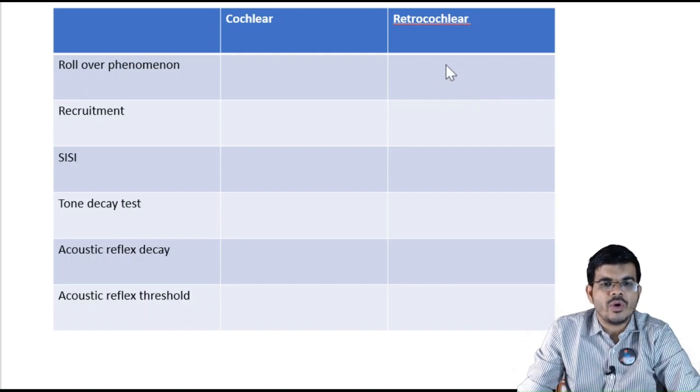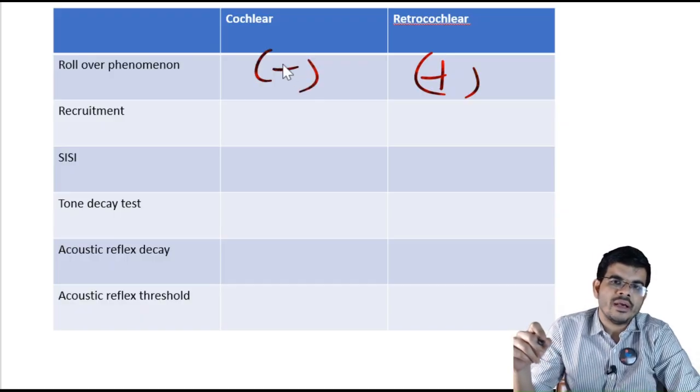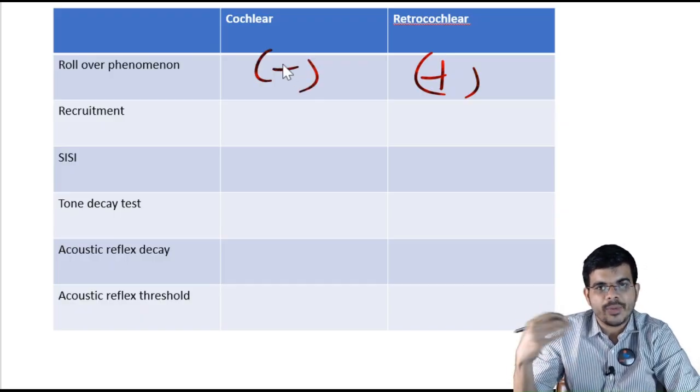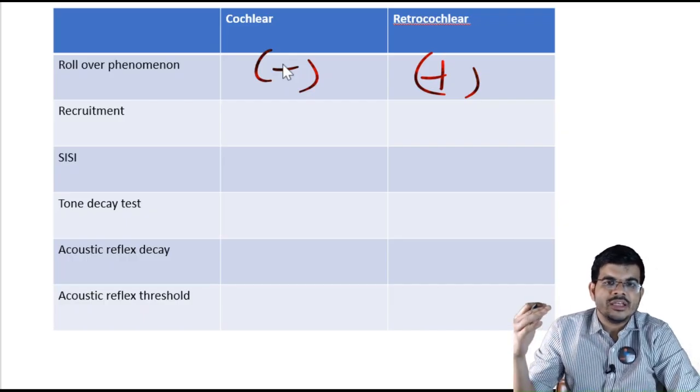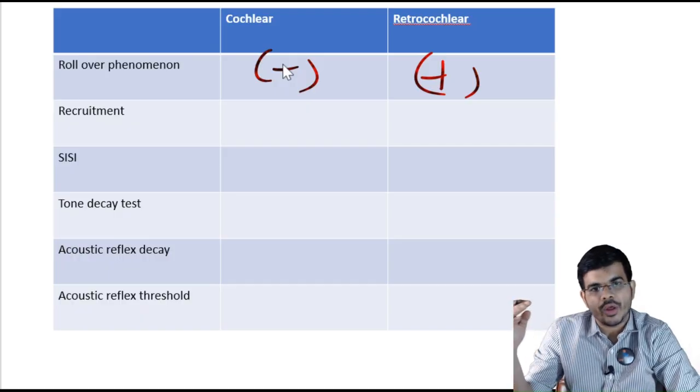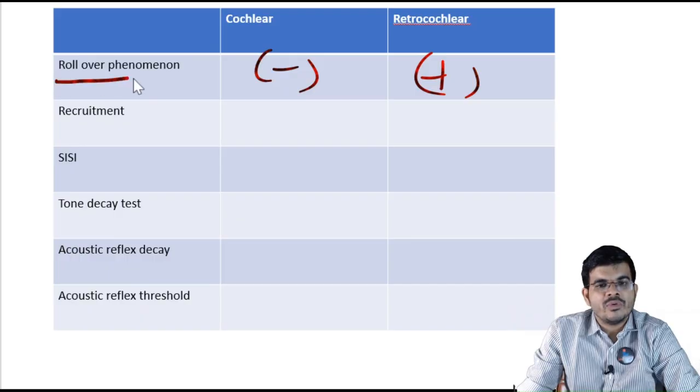So that is what is called the rollover phenomenon. In cochlear there is no such rollover phenomenon, but the patient won't be able to hear 100% of the sounds. In conductive deafness, the patient will be able to hear 100% of the sounds, but at an increased intensity. That is how you differentiate between them in speech discrimination score in speech audiometry. And it is this rollover phenomenon that is found for retrocochlear hearing loss.